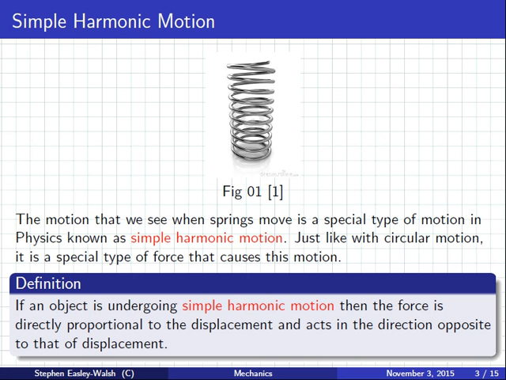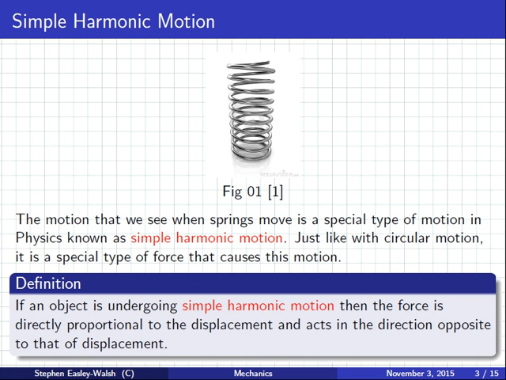Okay, you got the definition? So what I mean by this is, like with the spring, the bigger the displacement, the more force is going down. And it's going down if the spring is moving up. So for example, the spring is going like this, okay? As the spring is going up, which way is the force pointing? Down.